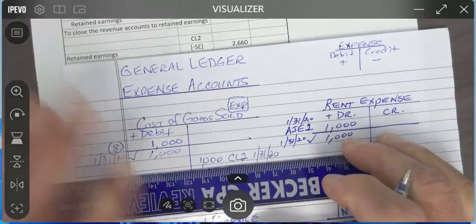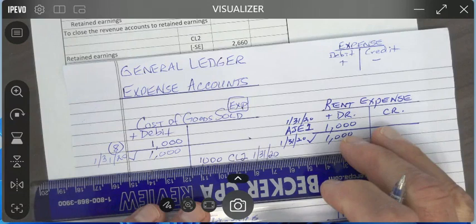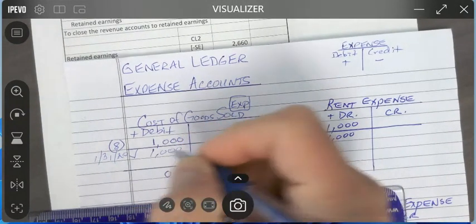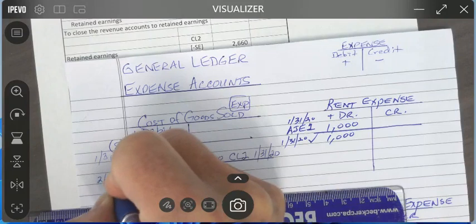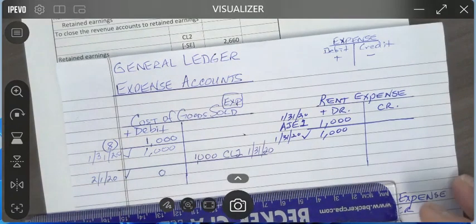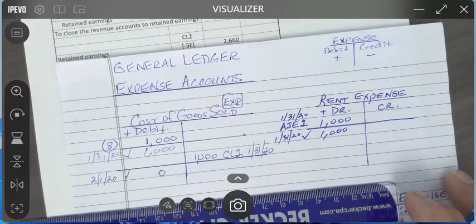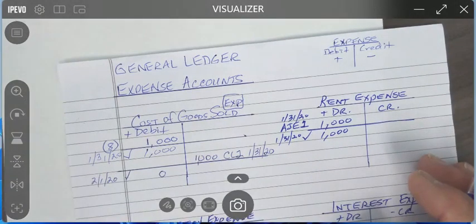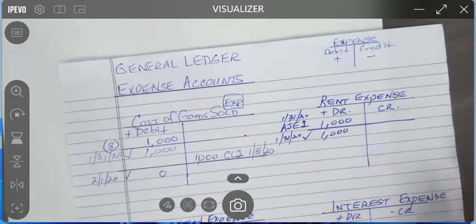And that brings the balance in the cost of goods sold to 0 on 2/1/20 as we start to add up net income next period. The next thing in that entry was the interest expense.